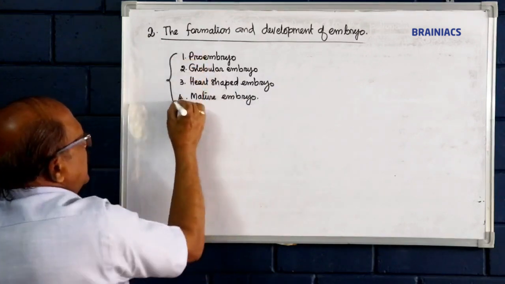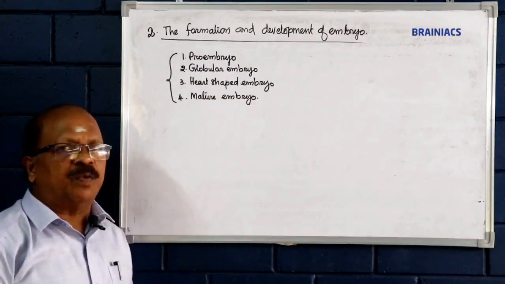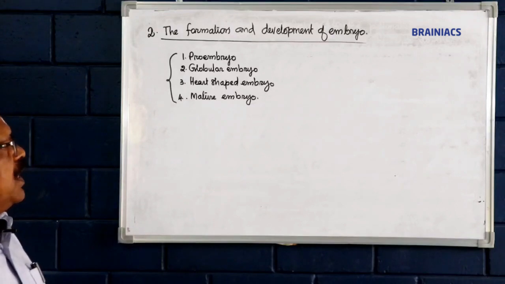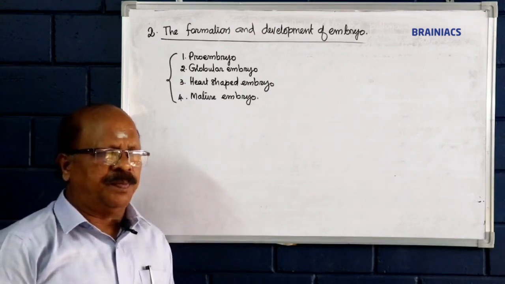These are the four stages for the formation of a mature embryo from a zygote. Heart-shaped embryo is also known as cord embryo.